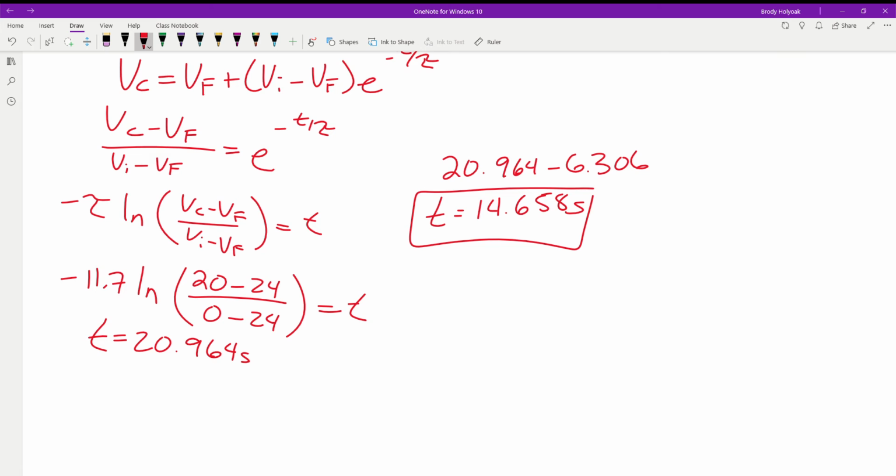So it takes us 14 and a half seconds to go from 10 volts to 20 volts. But it takes us 58 seconds to get all the way charged up to 24 volts.